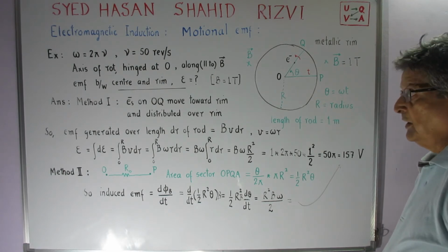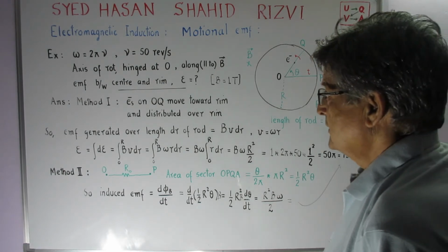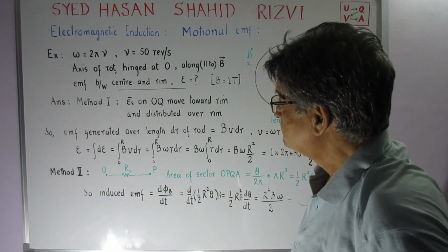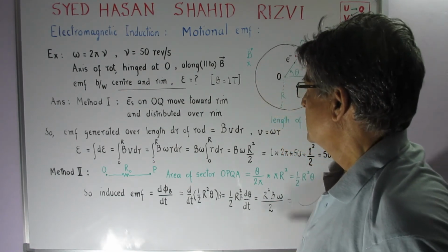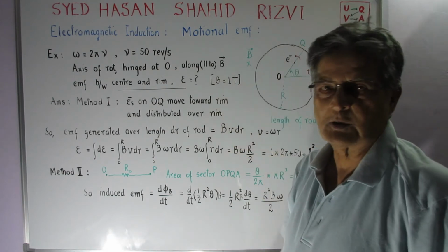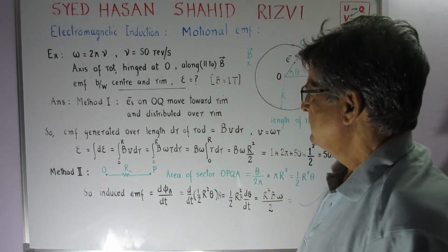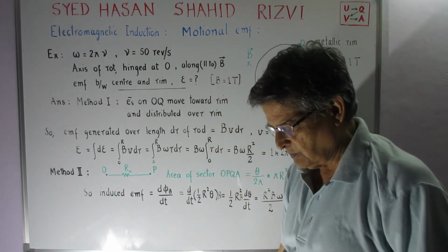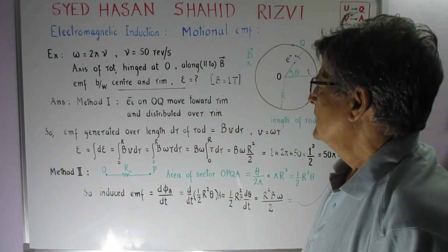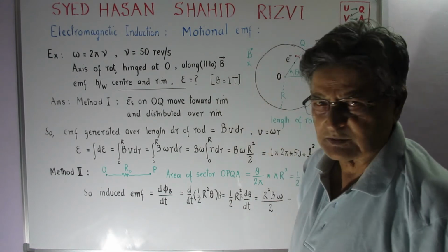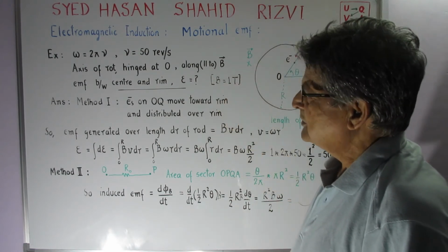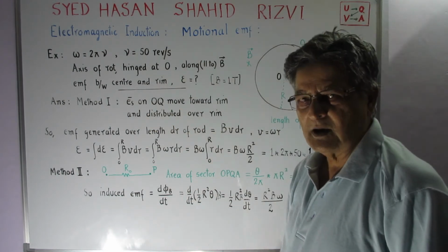Now the magnetic field that is taken in one of the famous texts is, my God, 1 Tesla, which is a very, very huge amount. They should have taken a practical value. Anyway, since they have taken, I have taken from there. The magnitude doesn't matter. Accordingly, the EMF will be amended.